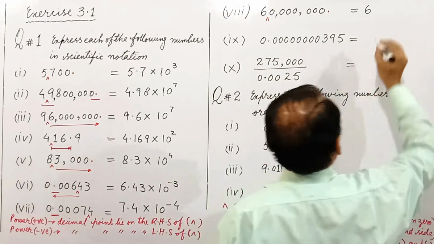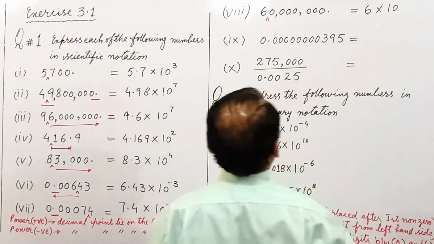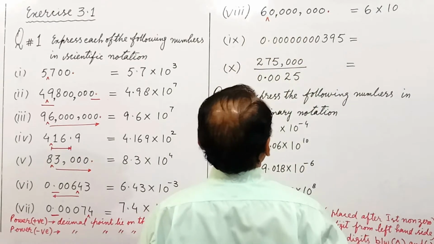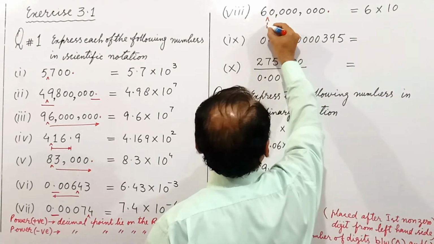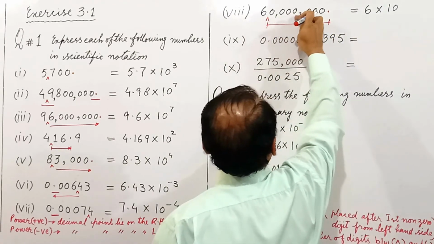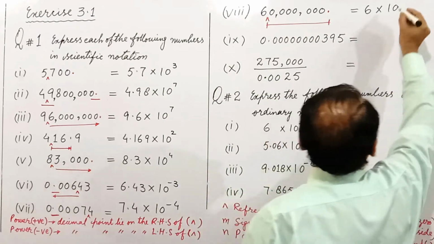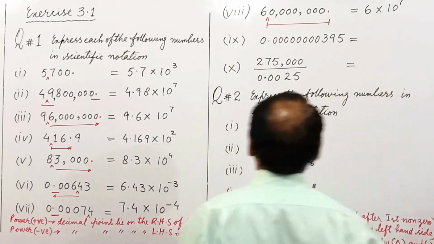Now we write the second part, 10 raised to power n, and the power n is determined by the number of digits lying between the reference position and decimal point, and these are 1, 2, 3, 4, 5, 6, 7. So that will be 6 times 10 raised to power 7.